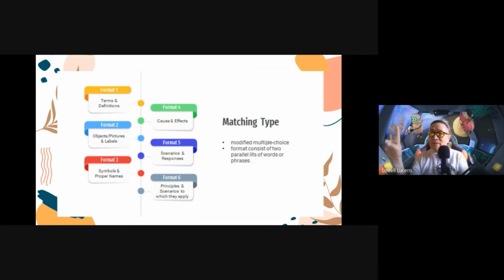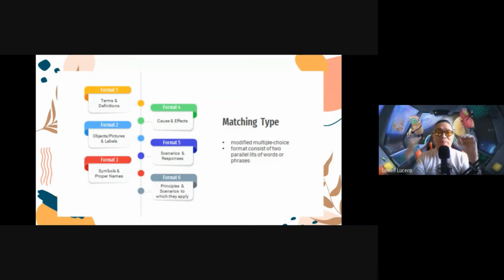Then there are two types of match type test: perfect match type and imperfect match type. Perfect match type means the number of items in column A and column B is the same. If there are 5 items in column A, there are 5 items in column B. If the number of items is not the same, for example there are more items in the response column, we call it imperfect match type.